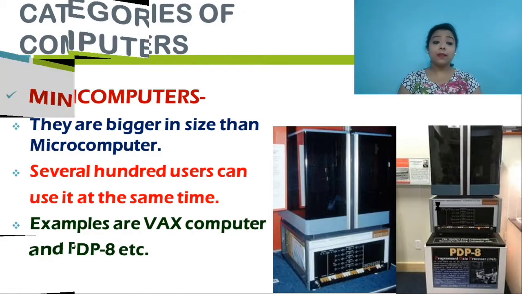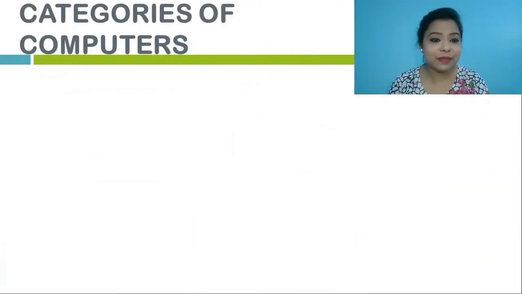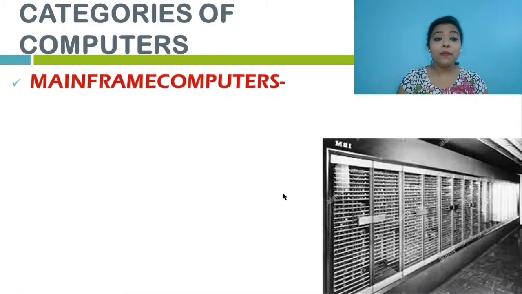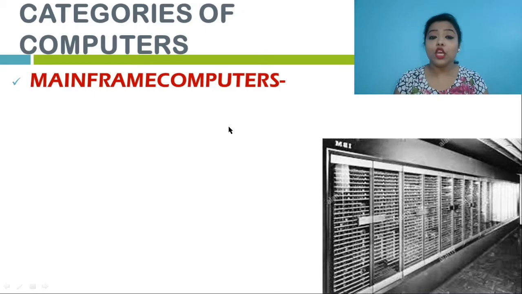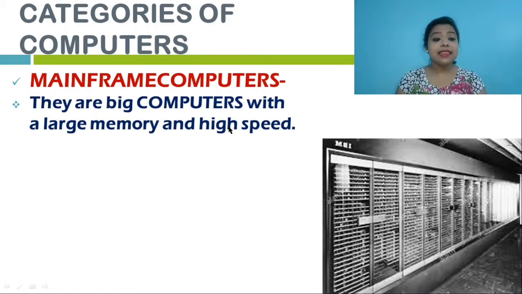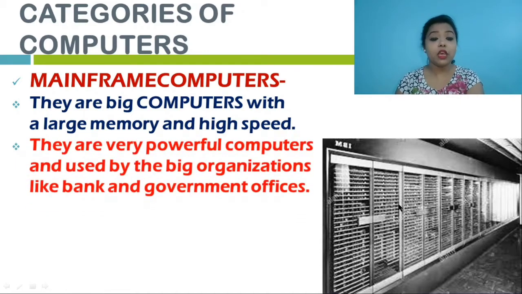Okay, now coming to the next one, that is mainframe computer. Okay, so what is mainframe computer? They are big computers with a large memory and high speed. So this is the image of the mainframe computers. They are very powerful computers and used by the big organization like banks and government offices.